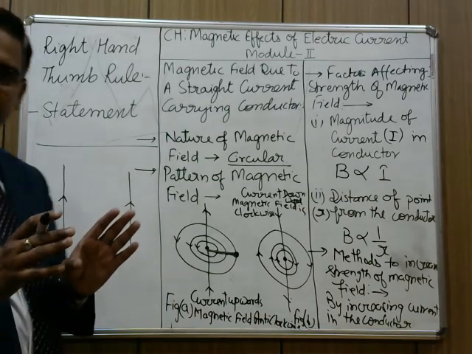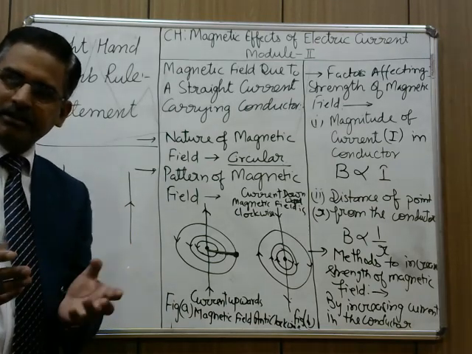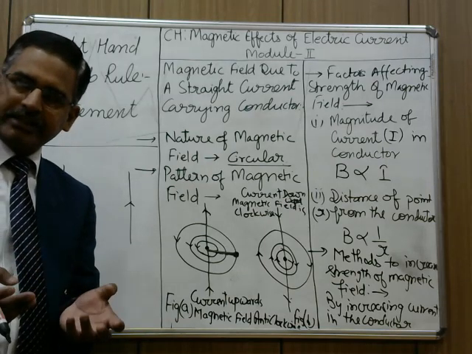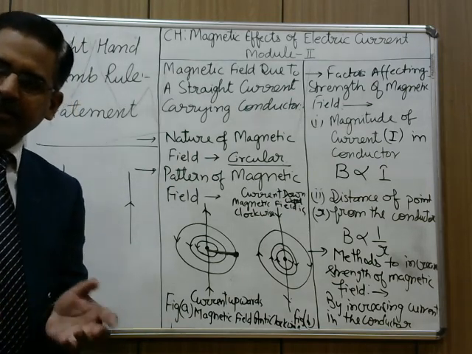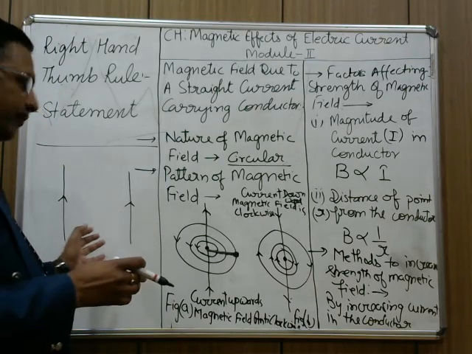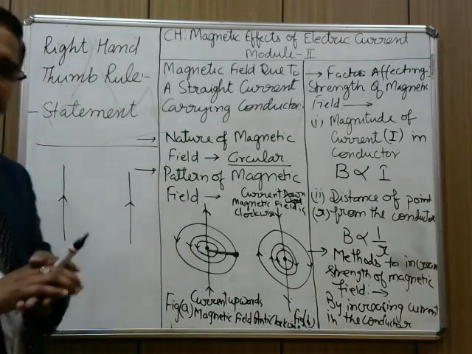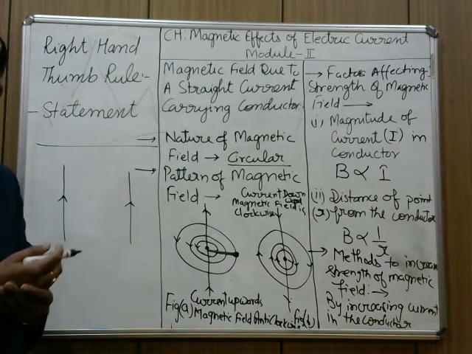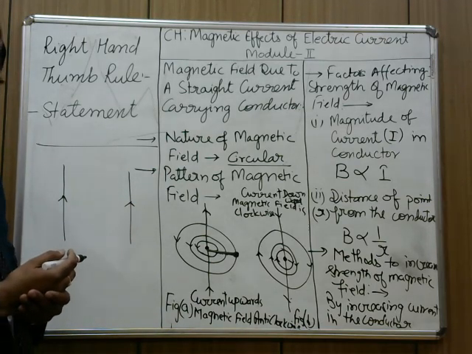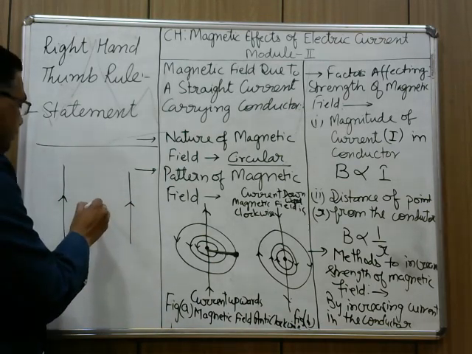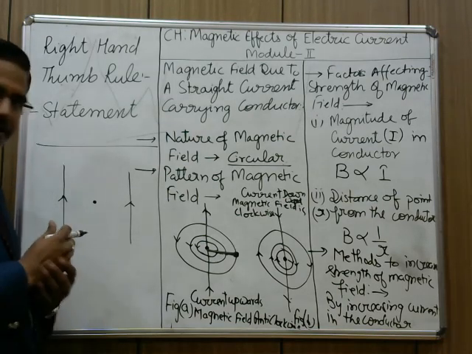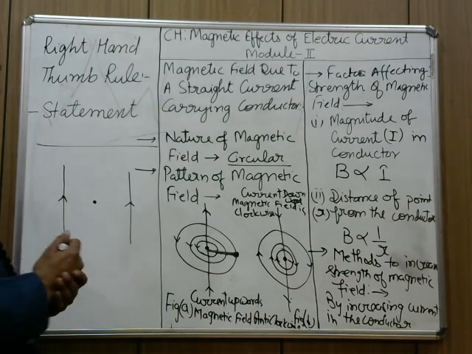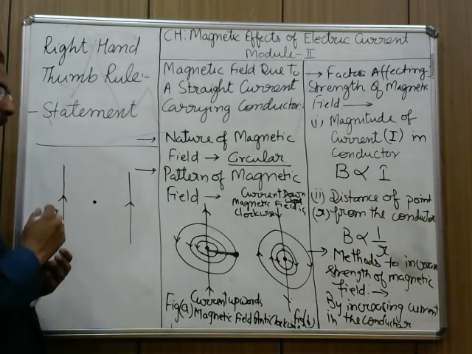They are identical means their length is same, their area of cross section is same, their material is same, their temperature is same, everything is same. In the two identical conductors, current is flowing in the same direction. At the center, at the midpoint, what will be the amount of magnetic field?